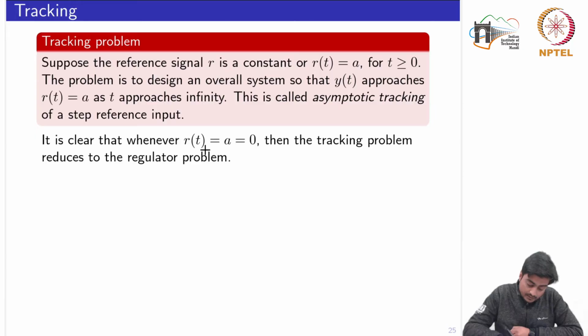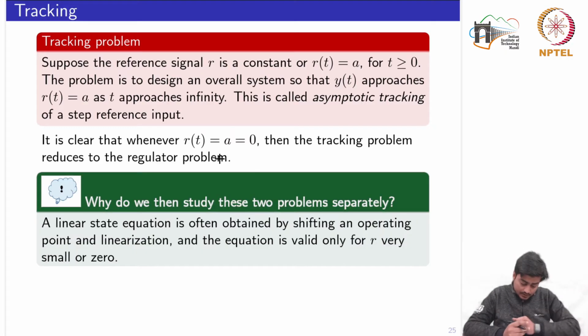Meaning, for any given A, if we design the controller as a regulator, would it be possible that the tracking would always happen for any non-zero constant reference signal? So the answer to this would be certainly not, because it would depend on the DC gain of the closed loop system also. So the first question that arises is, why do we then study these two problems separately?